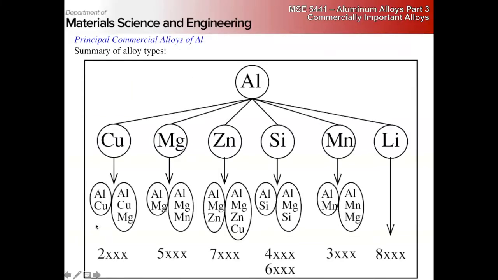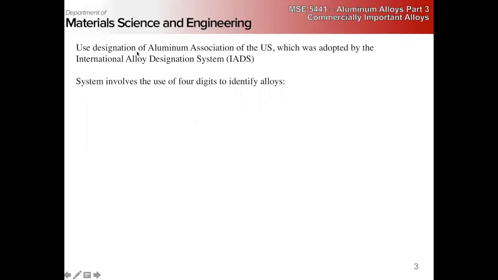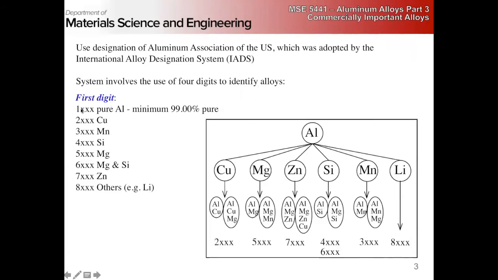So we have to start out with the designation. Aluminum is broken up into families by what is the primary alloying element. This system was designated by the Aluminum Association of the U.S. It's slightly different internationally, but we basically have 4 digits.